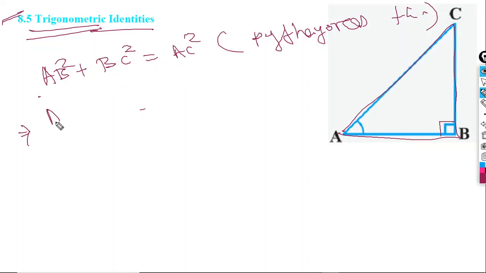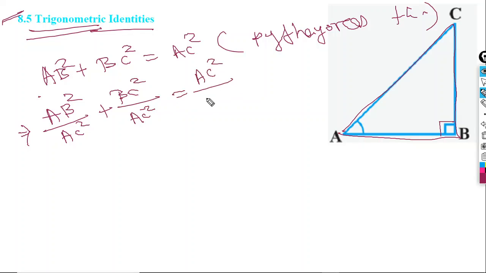Let's see, AB square by AC square plus BC square by AC square equal to AC square by AC square. That means we have divided AC square on both the sides. Look at the figure now: AB square divided by AC square. If we consider angle A, AB is the adjacent side, AC is the hypotenuse, so it will be cos A. You can write cos square A plus BC square by AC square.